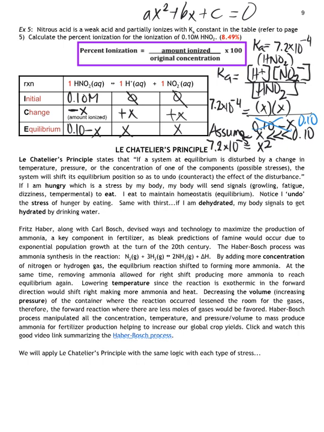I then can solve for x, and x will be the amount that ionizes. So get your calculator and make sure that you see the math behind all that. And x, when I square root it, x ends up being, and I'm going to write it in here because I'm out of room, so x ends up being equal to 8.